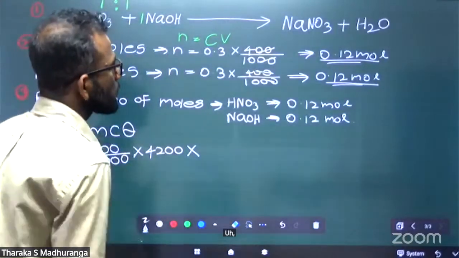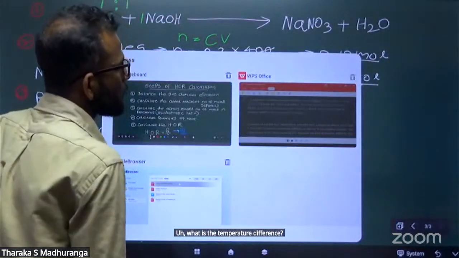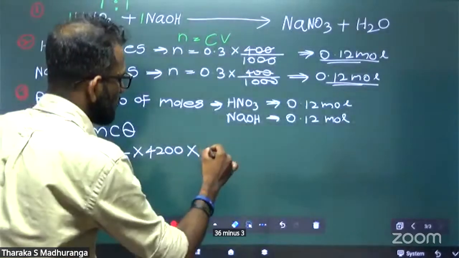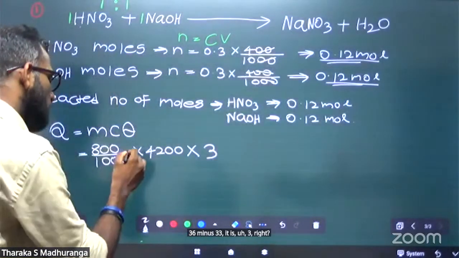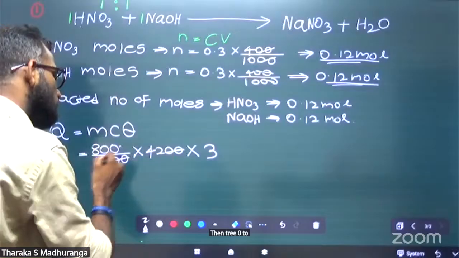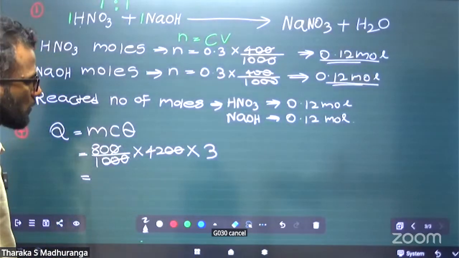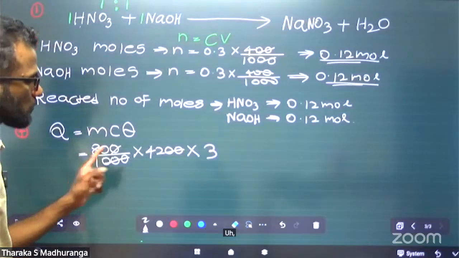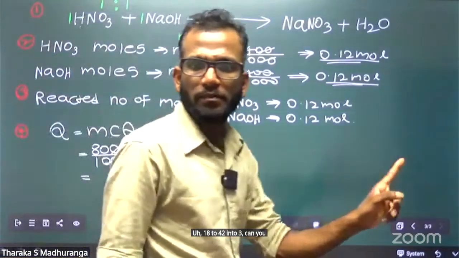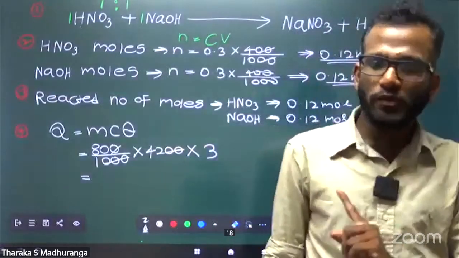What is the temperature difference? 36 minus 33, it is 3, right? Then 30 and 30 cancel out. 80 into 42 into 3. Can you send me? 80 into 42 into 3.